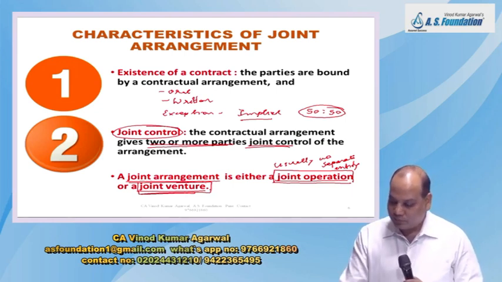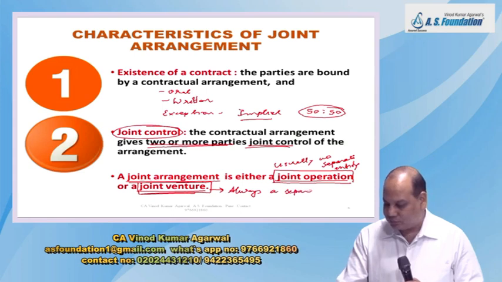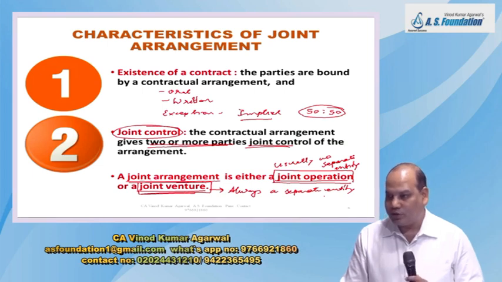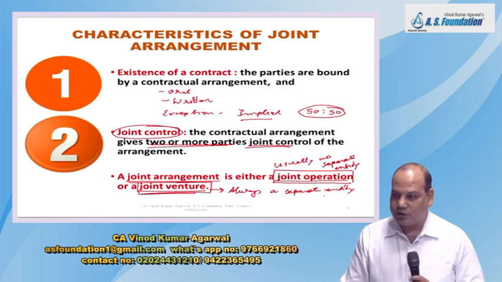joint operation. But for joint venture, always a separate entity needs to be created. No separate entity, always joint operation. But separate entity can be a joint venture or can be a joint operation.